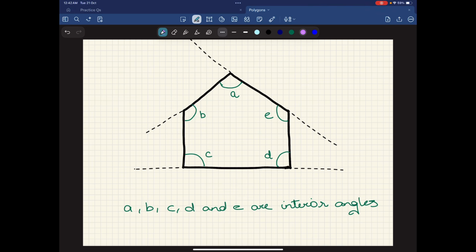Okay, so see, the uppercase A, uppercase B, uppercase C, uppercase D, and uppercase E. So all the uppercase letters are the exterior angles of this pentagon.